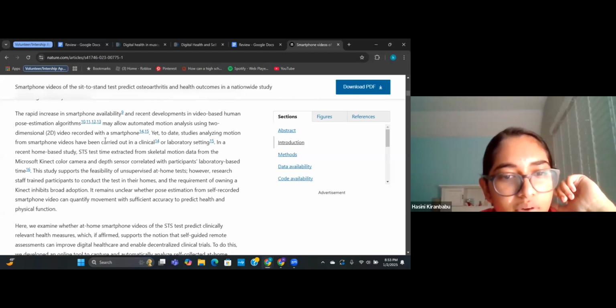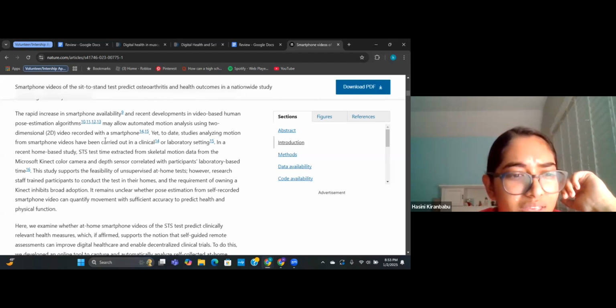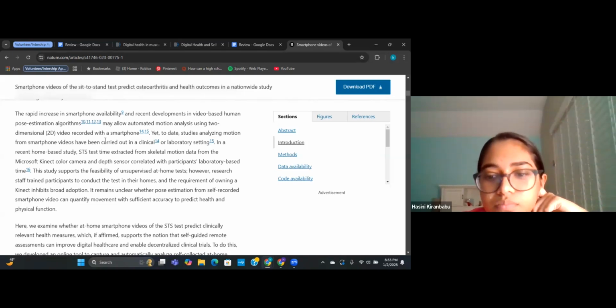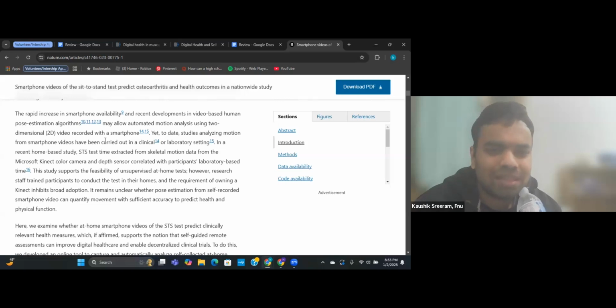This study supports the feasibility of unsupervised at-home tests. However, research staff trained participants to conduct the test in their homes, and the requirement of owning a Kinect inhibits broad adoption. It remains unclear whether pose estimation from self-recorded smartphone video can quantify movement with sufficient accuracy to predict health and physical function. Stop. Now, this is a paragraph, right?